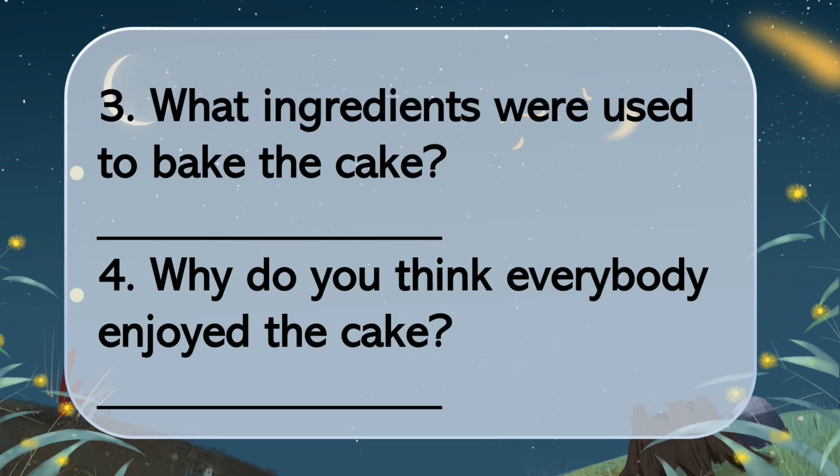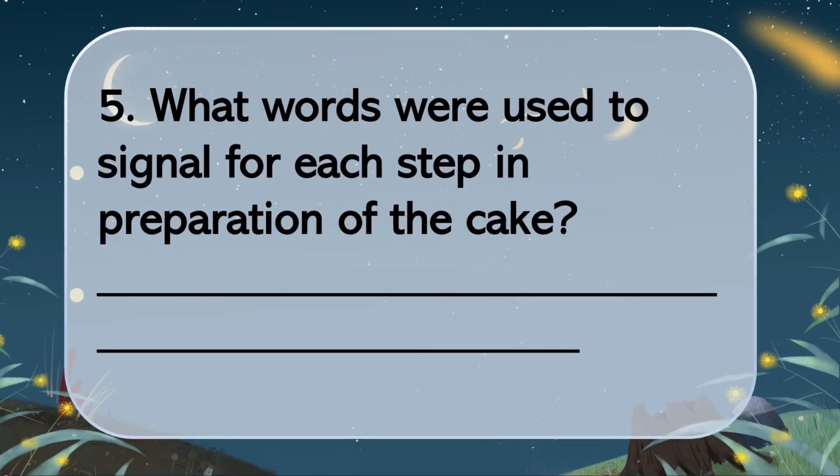Number 3, what ingredients were used to bake the cake? Number 4, why do you think everybody enjoyed the cake? And number 5, what words were used to signal each step in the preparation of the cake?